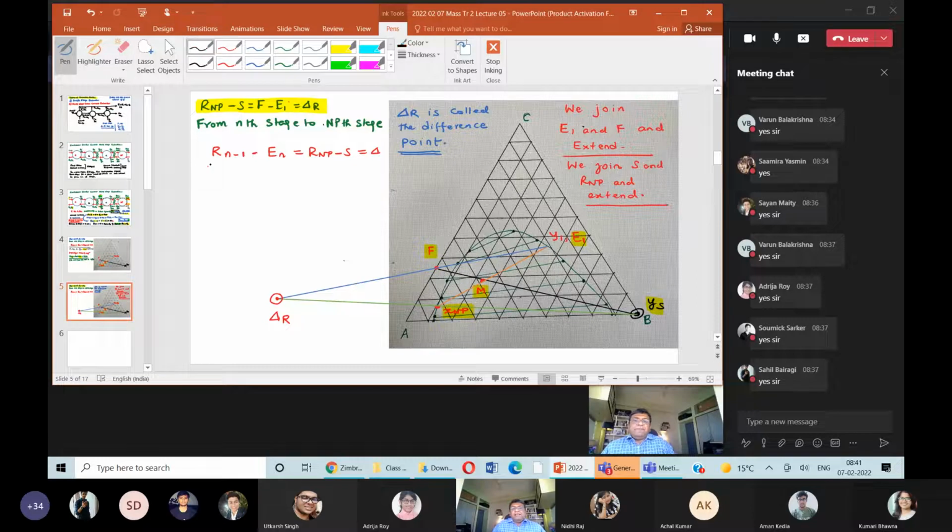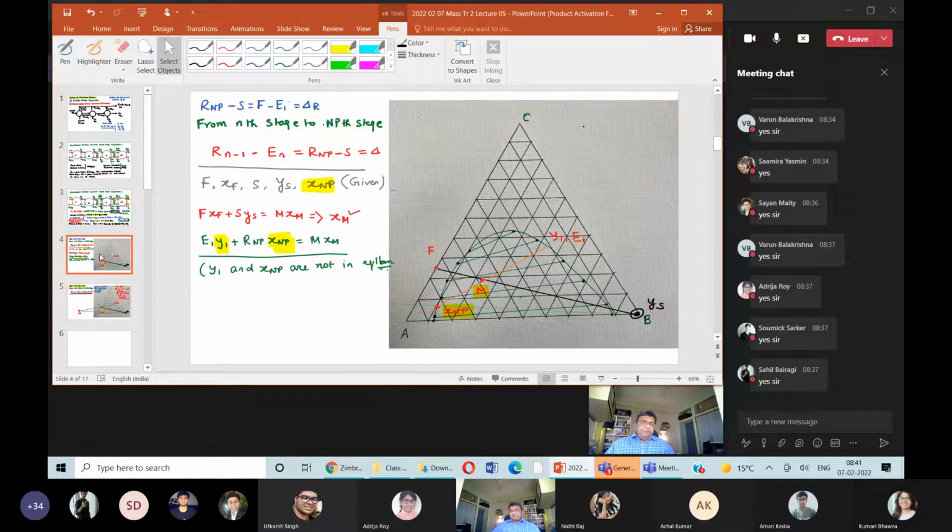But at least mechanically, is it clear to all of you what we are doing? So let me just repeat. We first locate S, right? We locate F. We join S and F. Now from the C component balance, we calculate XM. Therefore, we locate the point M. Now we locate XNP on the graph paper.